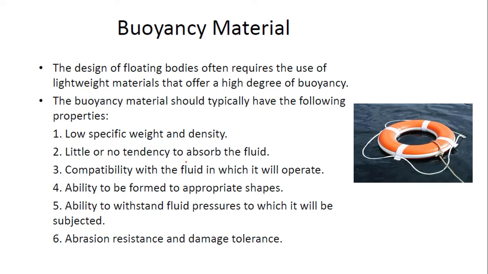Little or no tendency to absorb the fluid, so the material will not be like baju, the normal cotton shirt, which will absorb the fluid and sink. So we normally use plastic or whatever which is not absorbent, and is compatible with the fluid. The material should be compatible with the fluid, whether the fluid is mercury or anything.